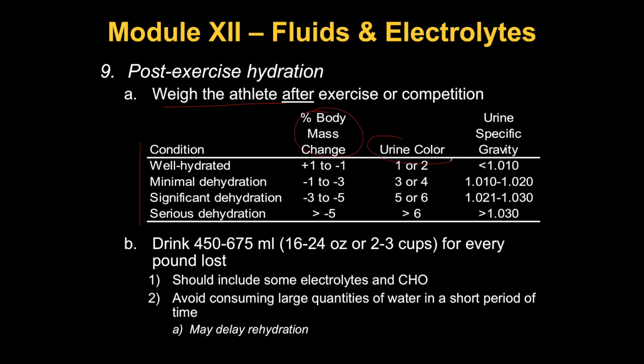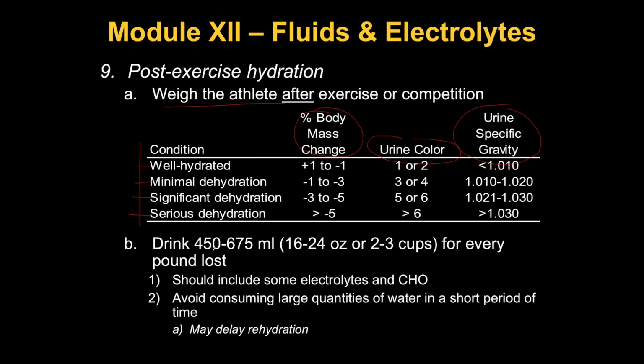It also lets you look at urine color as well as urine-specific gravity if you are measuring that, and categorizing whether or not the athlete is well hydrated, minimally hydrated, significantly dehydrated, or seriously dehydrated. So this helps us quantify and characterize the state of dehydration after exercise so that we can then replete the athlete with the appropriate amount of fluid and electrolyte.